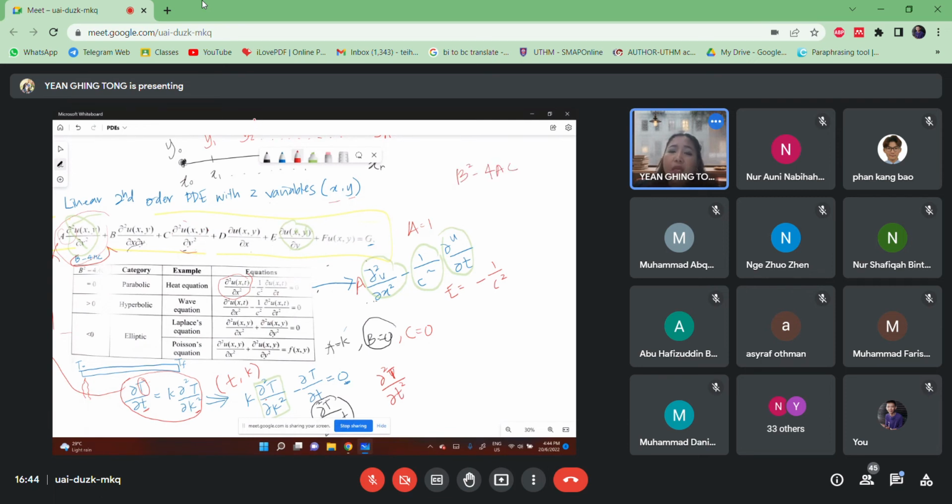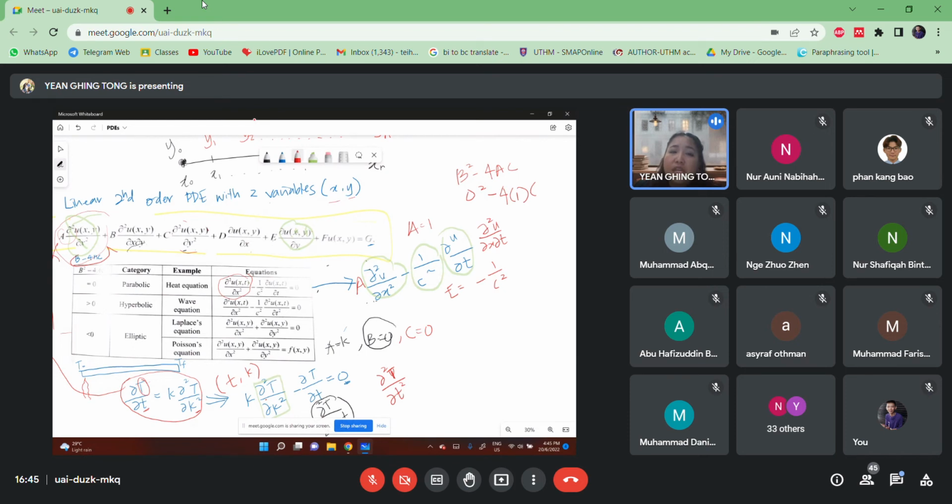Okay, B here, we don't have B. That means that's 0. This equation has no B, the partial derivative with respect to X and respect to T. Here it is not there. So that is 0 minus 4, A just now is 1, times C. C is also not there. Why do I say we don't have C for this equation?